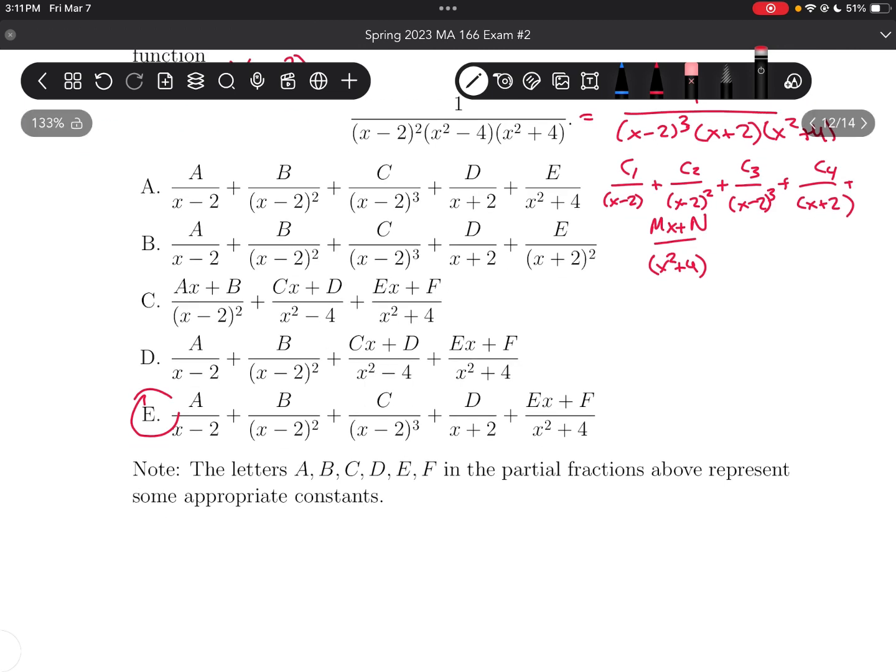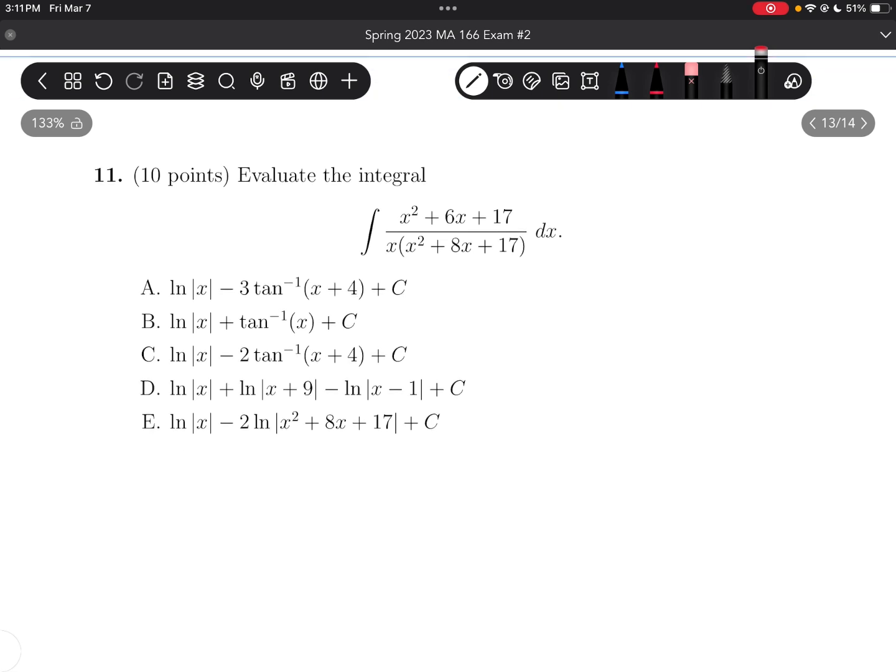Okay, moving on to problem 11. Problem 11 says, evaluate the integral of x squared plus 6x plus 17 divided by x times x squared plus 8x plus 17. Anytime we have the ratio of two polynomials, that is a pretty good indication that we should use partial fraction decomposition to find the antiderivative.